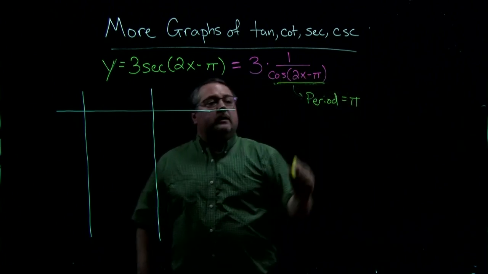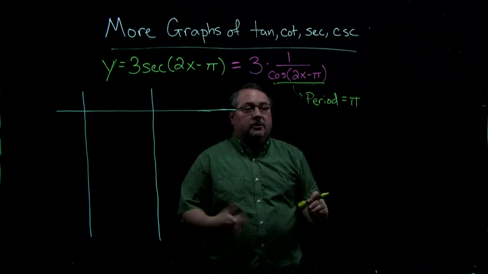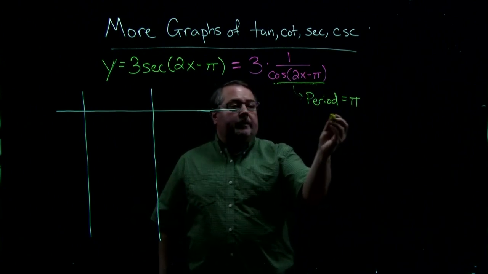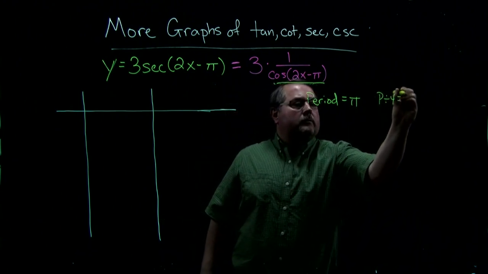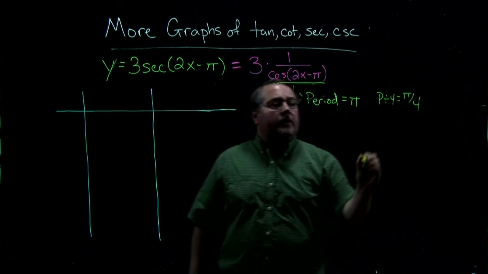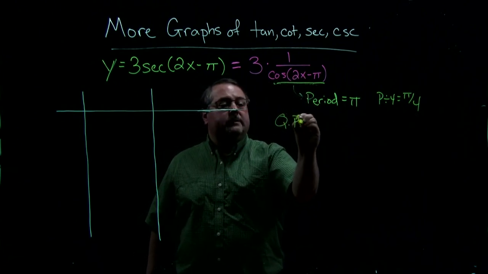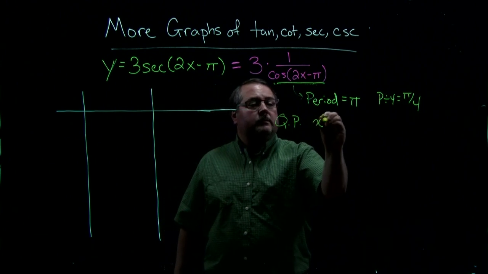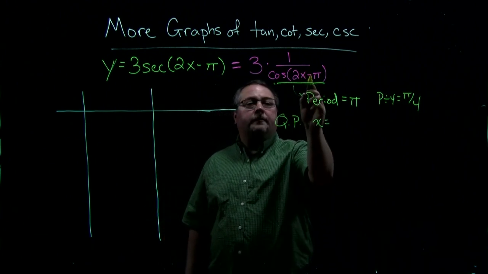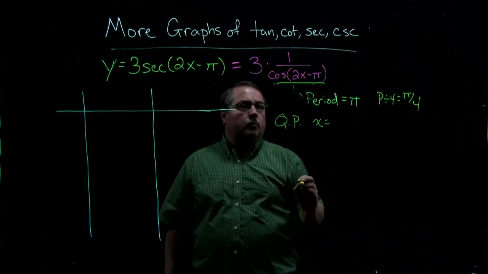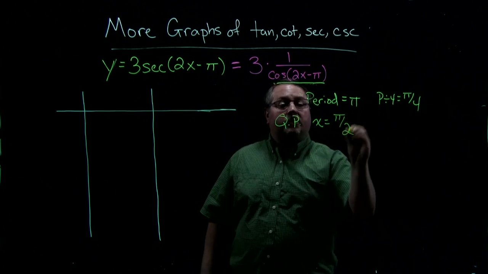Since we have a 2 times x, the period is going to be 2 pi divided by 2, which is pi. And then a quarter of our period is going to be pi over 4. So we think about where our quarter points would be. It's going to start at our phase shift, which is going to be pi divided by 2.